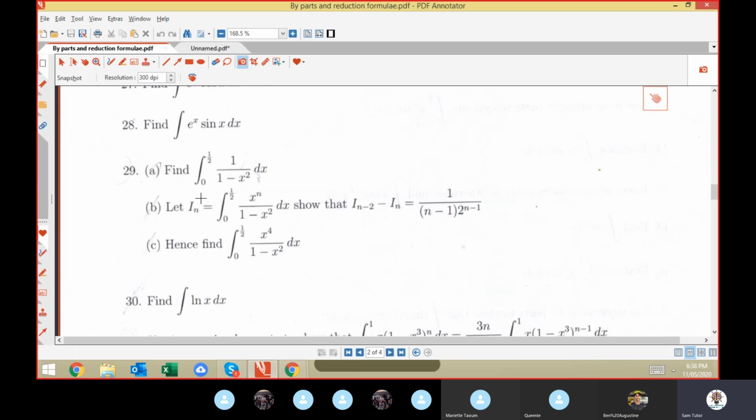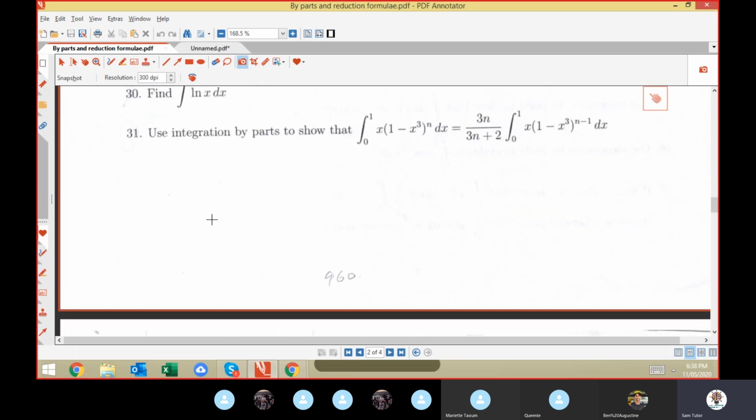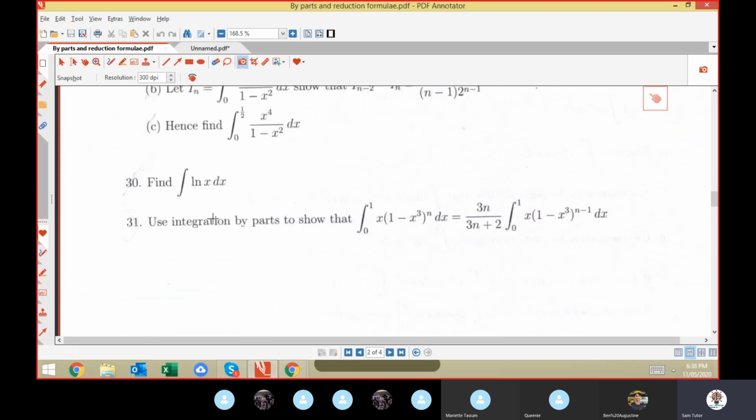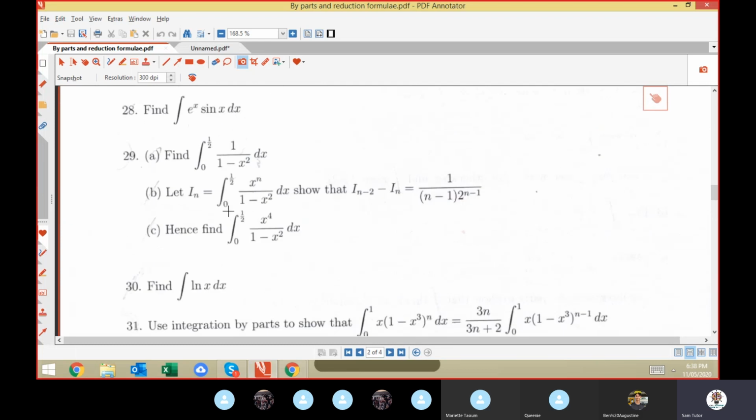I would like to do these, I just don't think it's time yet. Reduction formula.